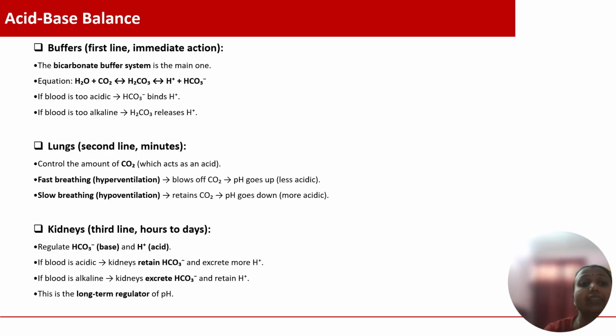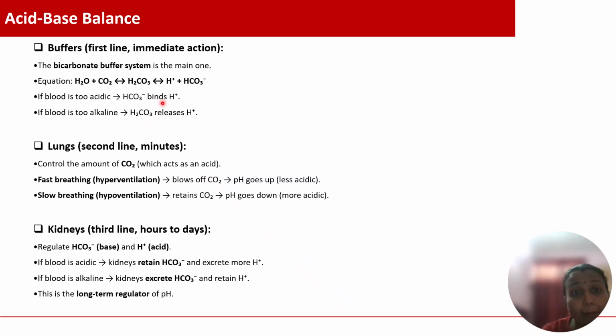For acid base balance, the buffer is the first line, the immediate action. The bicarbonate buffer system is the main one. This is the normal way our body adjusts. If the blood is too acidic, HCO3 binds the H plus.